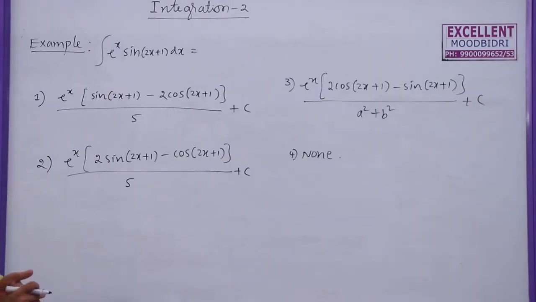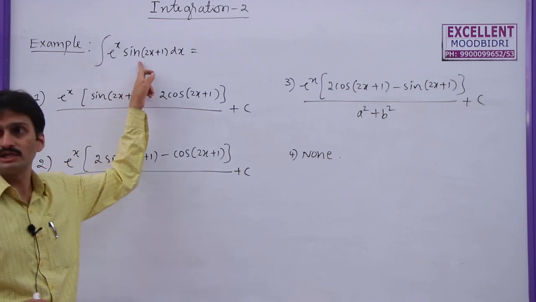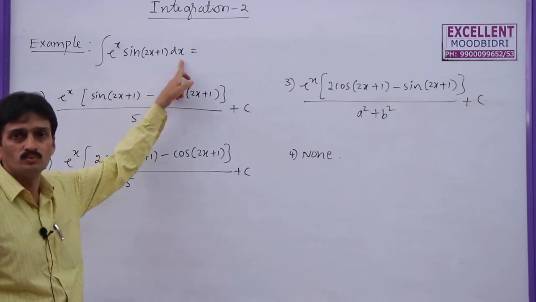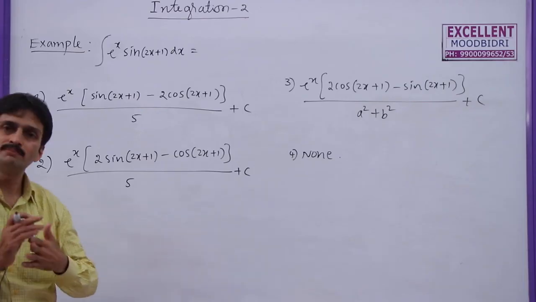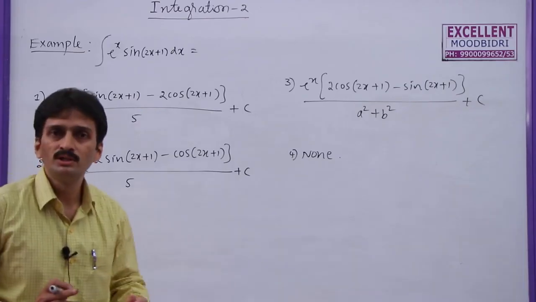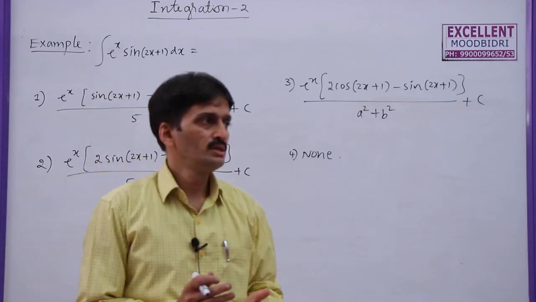Next example, integration of e power x into sine of 2x plus 1 dx equal to. Now actually this problem should be solved by integration by parts, but that is a time consuming job. Instead you can use a shortcut formula.